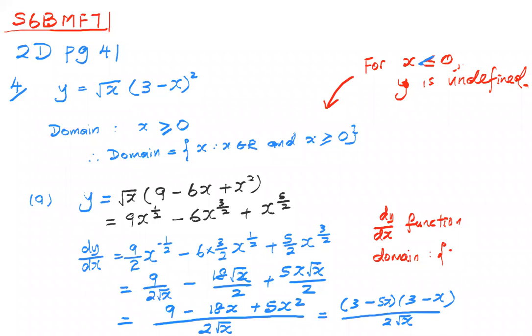So it will be x, x is a member of real numbers, and x must be greater than 0. It cannot be 0. Are you clear? Because it's divided by square root of x. So that will be the domain for dy dx. So the domain is this. Okay?